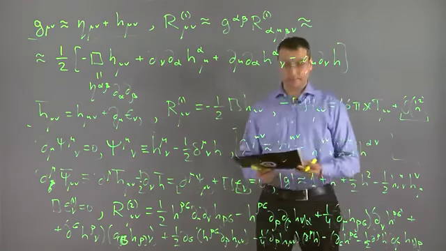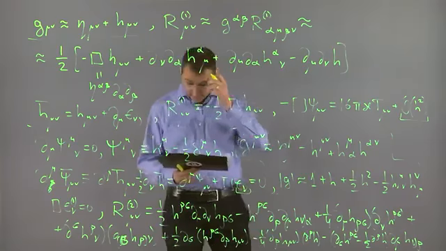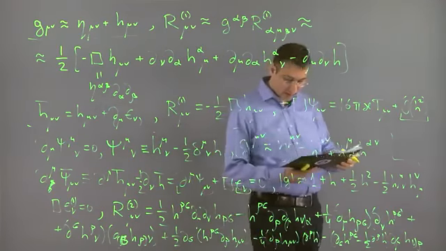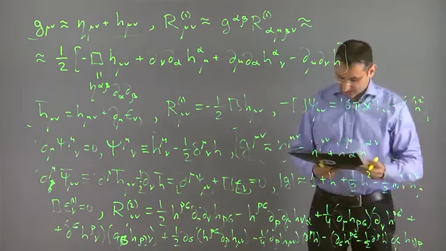So this is the Ricci scalar at the second order.